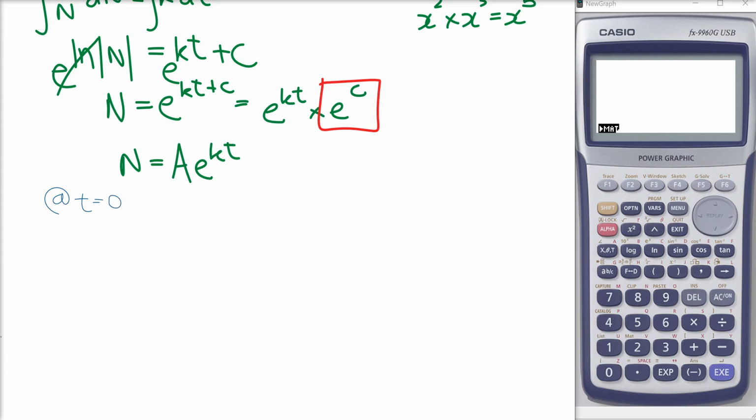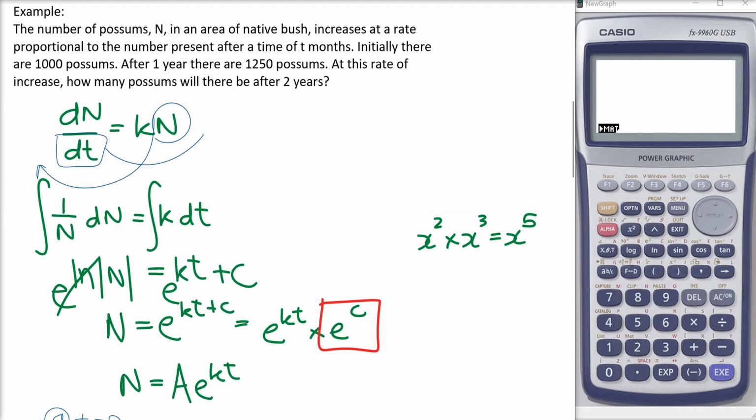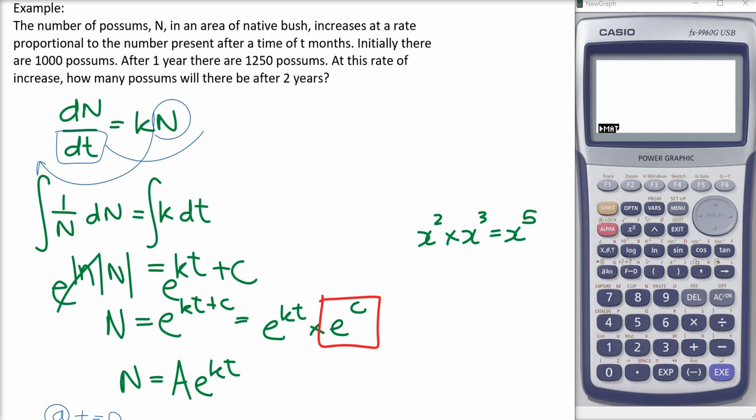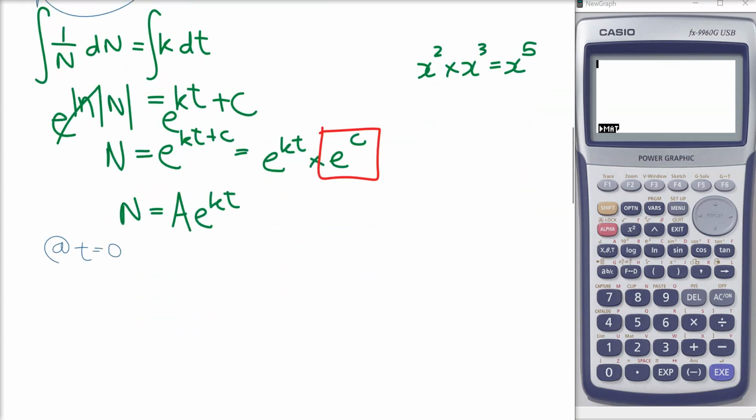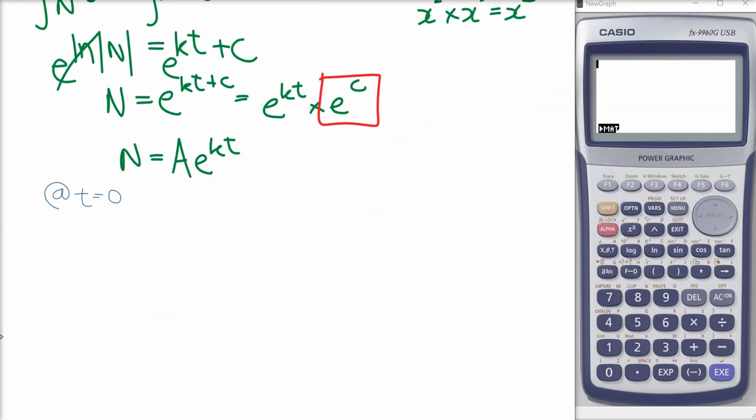At time 0, from our question, if we scroll back up, initially there are 1,000 possums. So at time 0, what does N equal? Well, N equals A. Why does N equal A? Because e to the 0 is 1, isn't it?